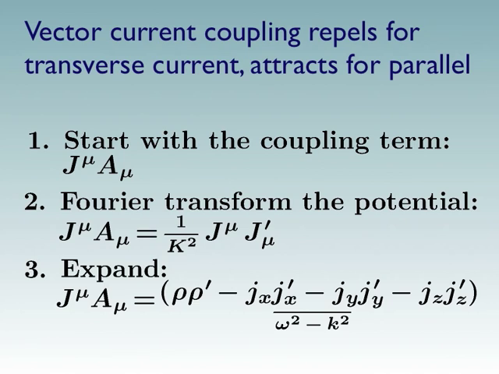Now, you must be able to show that like charges attract. What I didn't recognize for a number of years was that the vector coupling term, which is just JA, actually is part of this discussion about whether like charges attract or they repel.